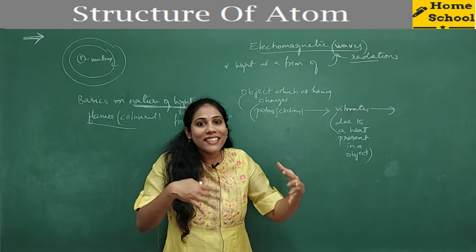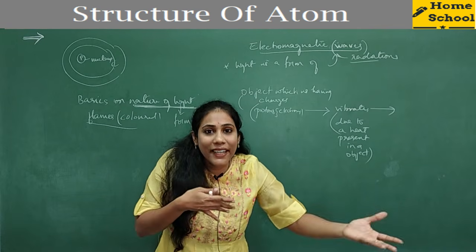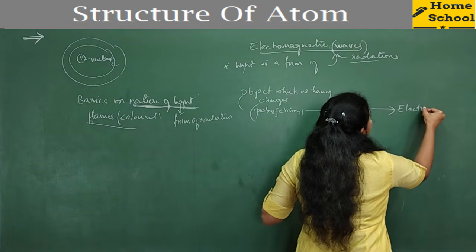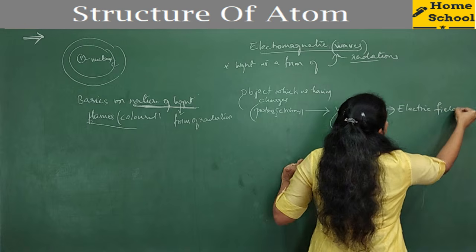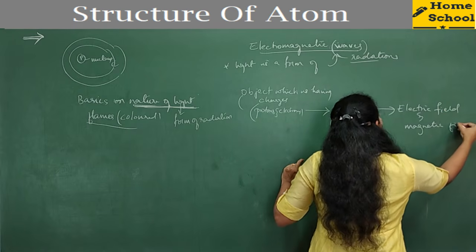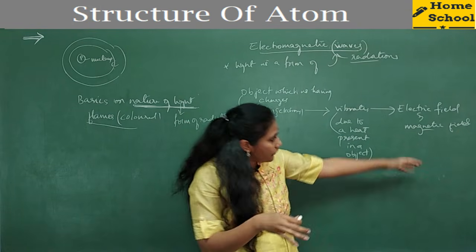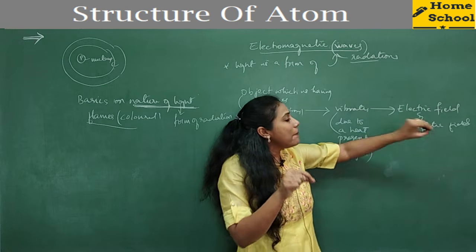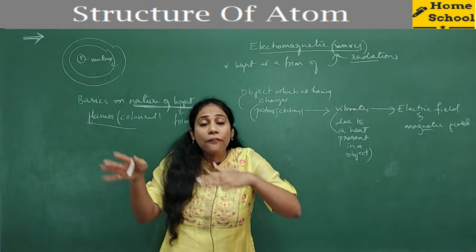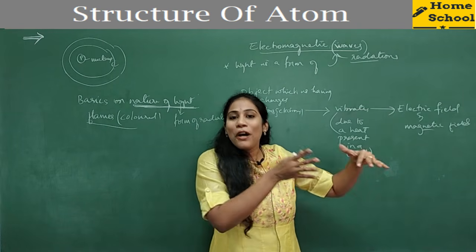Whenever these charges keep vibrating inside the object, you know what they will create? They will create an electric field and a magnetic field. These fields, the electric power and magnetic power, whichever is newly created, will flow in the form of a wave.